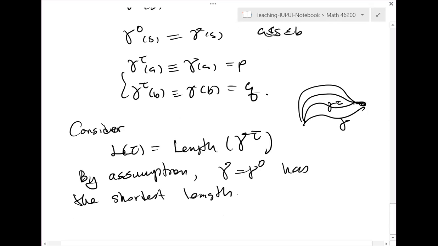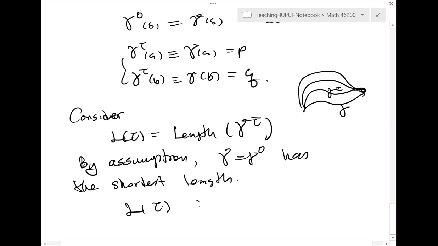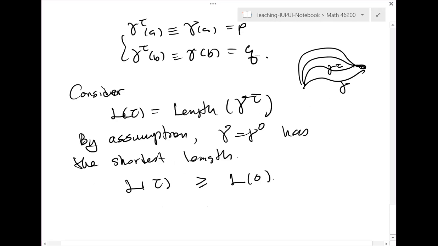So that means L tau S is greater than or equal to L tau zero, right? And so clearly this L of tau has a minimum value, so this implies the derivative is going to be 0. That's a standard variation method.